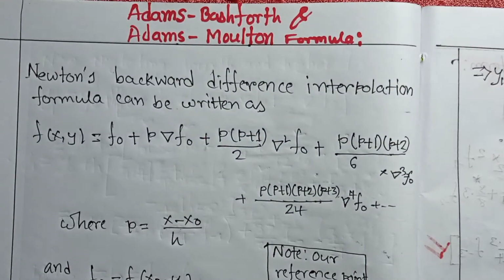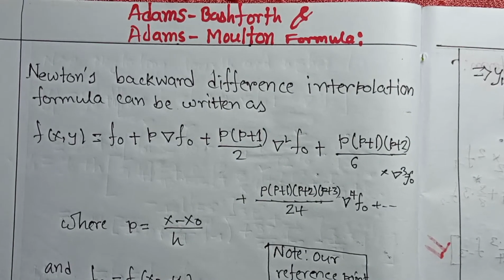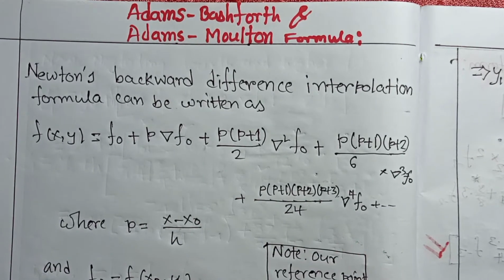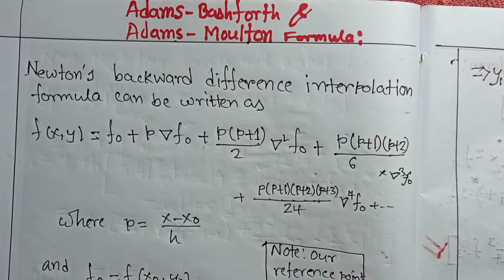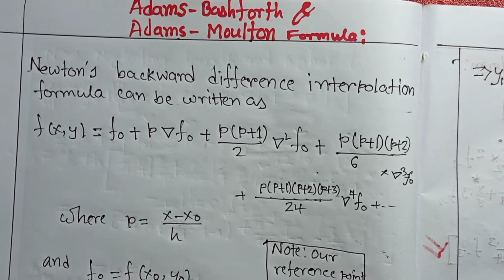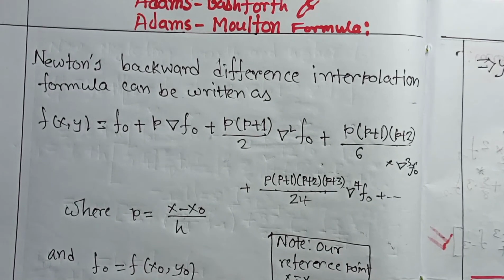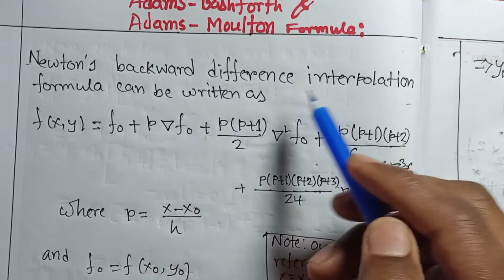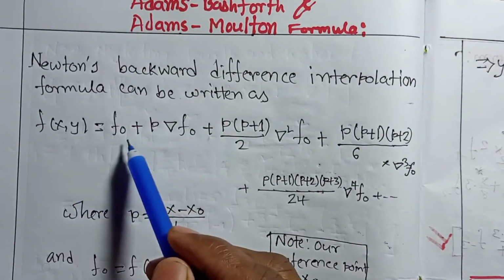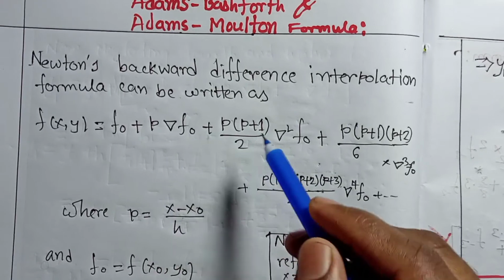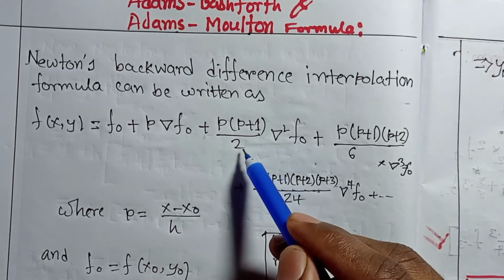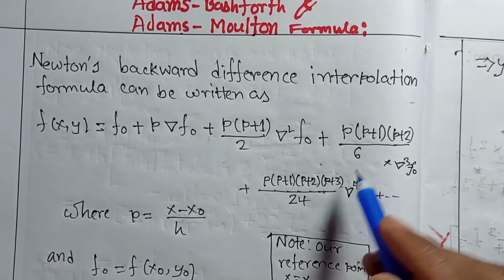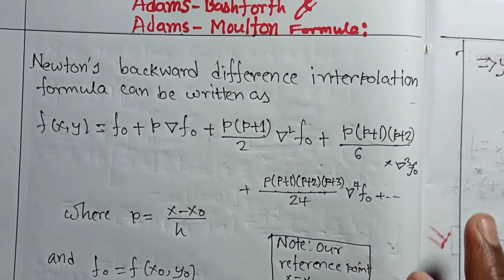Okay, for the Adams-Moulton and Adams-Bashforth formula, we take this reference at x equals x0. Our reference point is at x0, so we can take Newton's backward difference formula in that manner. f(x,y) is equal to f0 plus p nabla f0 plus p(p+1)/2 factorial nabla squared f0 and so on.